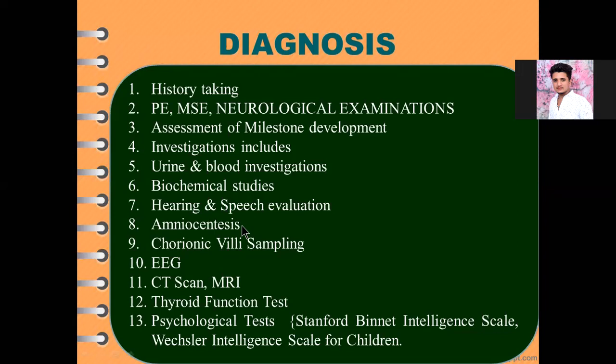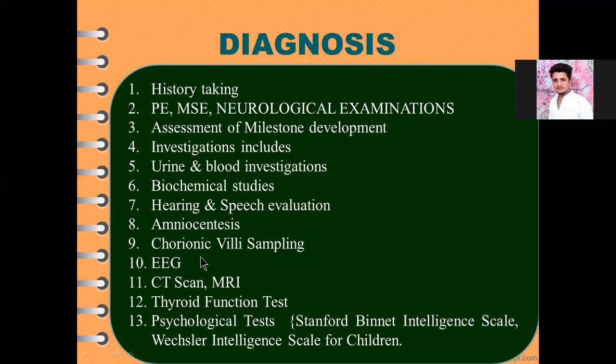Amniocentesis, amniotic fluid analysis, also can give you an idea whether the baby is having normal development or not. Hearing and speech evaluation is done by the audiologist. The audiologist can tell whether the child can hear sounds produced from the environment, like the mother or other persons.